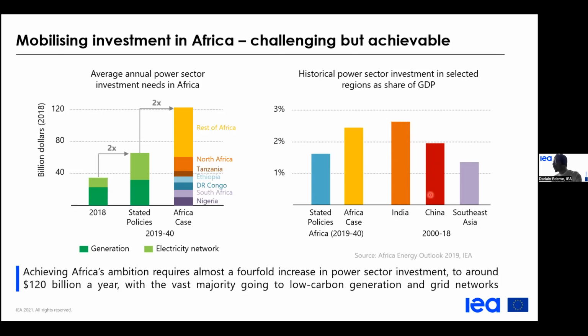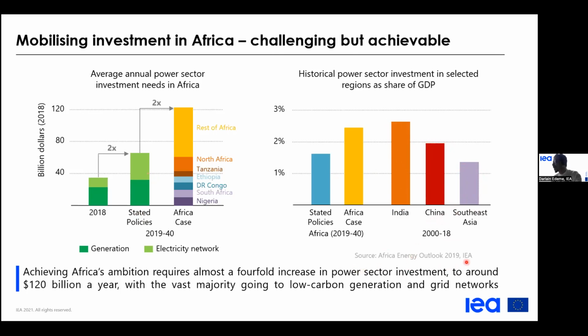China was able, on average, to mobilize 2% of their GDP into the power sector, and Southeast Asia was able to do it, investing more or less 1.4% of their GDP. So total GDP as a whole area.